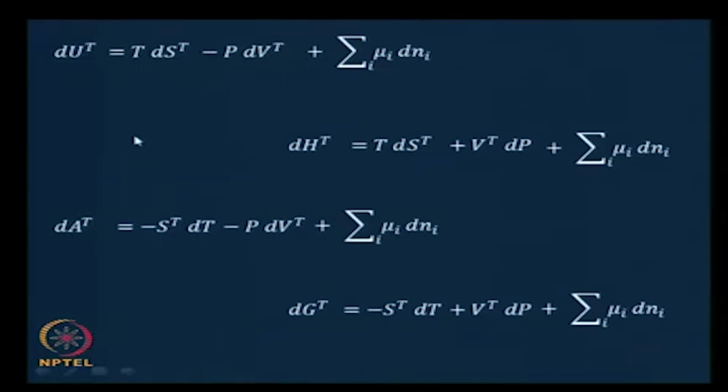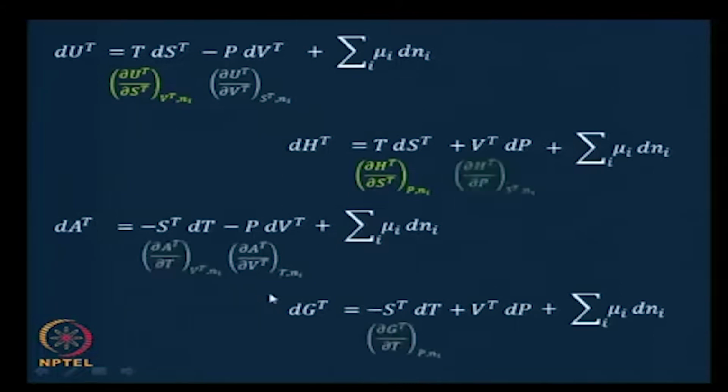And then by comparison of the various partial derivatives, for example, dUt is dou Ut dou St dSt plus dou Ut dou Vt dVt and so on, going by the expansion of the total derivative in terms of the partial derivatives.